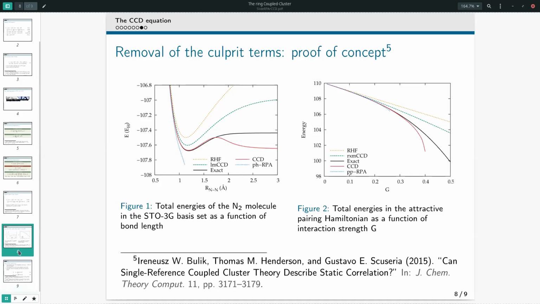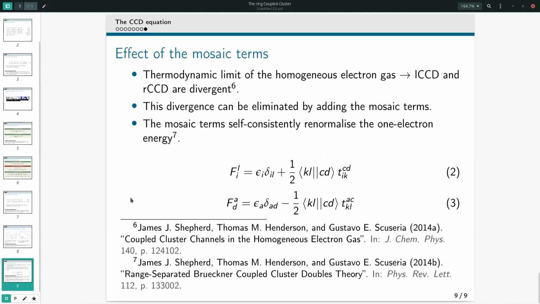For the moment, I have not talked about the Mosaic terms. We know that, for example, in the homogeneous electron gas, ladder coupled cluster doubles and ring coupled cluster doubles are divergent because the gap between the HOMO and the LUMO is closing in the thermodynamic limit. When we add the Mosaic terms, this divergence is eliminated.